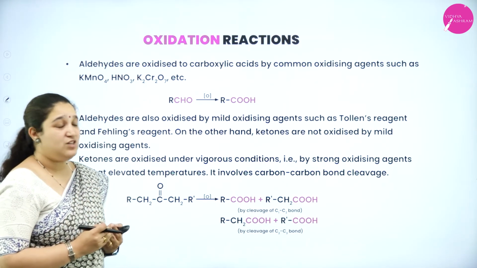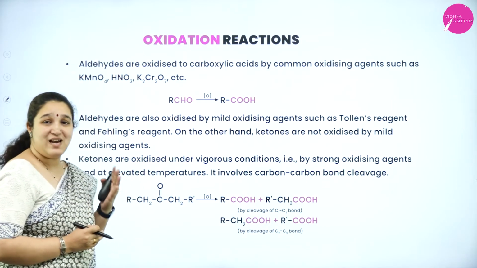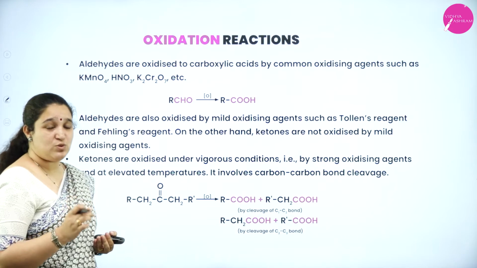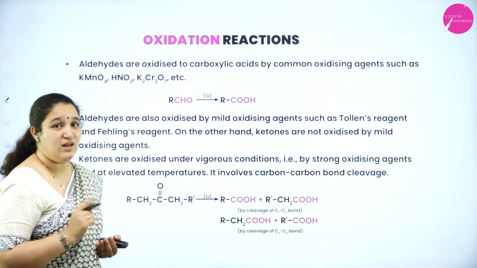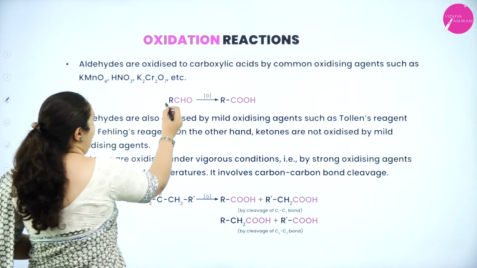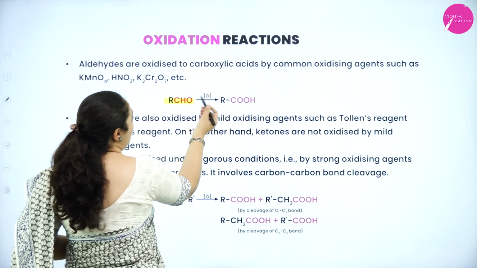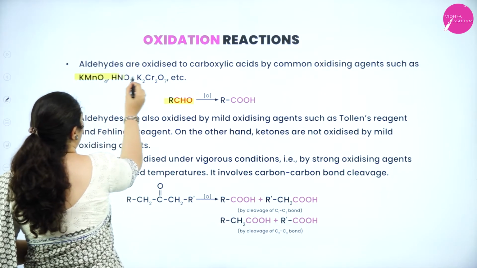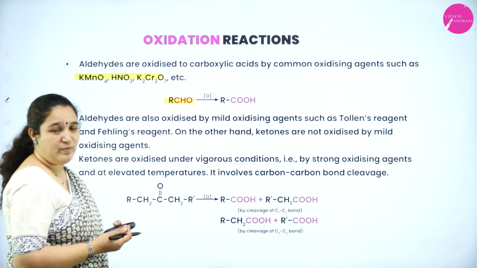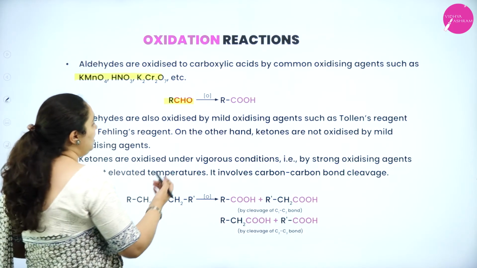Now, oxidation of aldehydes and ketones will give rise to carboxylic acids when we are using a strong oxidizing agent. So what will happen? If I take aldehydes in the presence of a common oxidizing agent like KMnO4, nitric acid or K2Cr2O7, that is potassium dichromate, they are all strong oxidizing agents. What do we get?